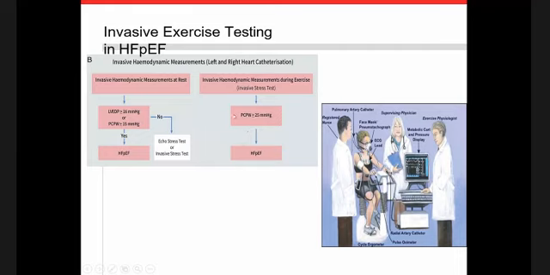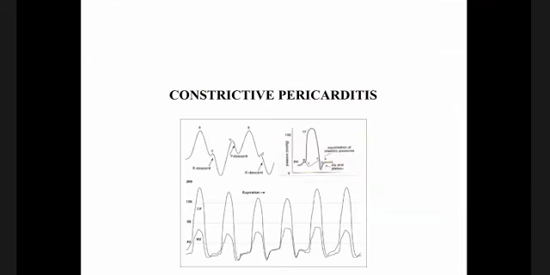So basically, when you exercise or when you give a volume overload, if the pulmonary capillary wedge pressure increases or there is pulmonary hypertension, it's an indirect evidence of heart failure with preserved ejection fraction.